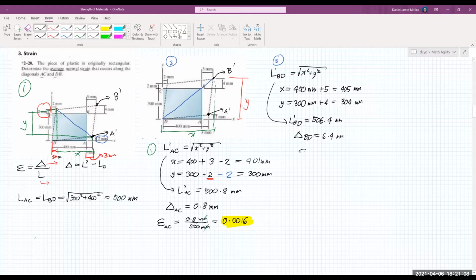And then our strain is equal to 6.4 millimeters divided by 500 millimeters, which gives us a value of 0.0128 unitless. So these are the two average normal strains of the two diagonals.